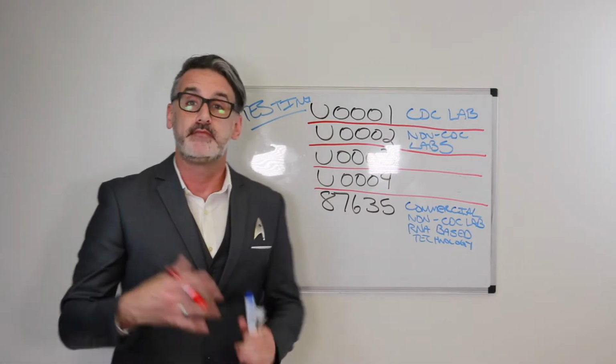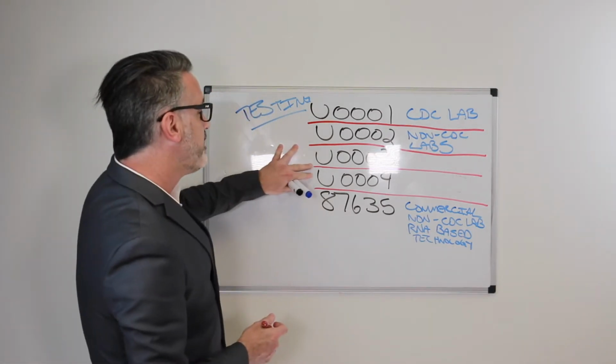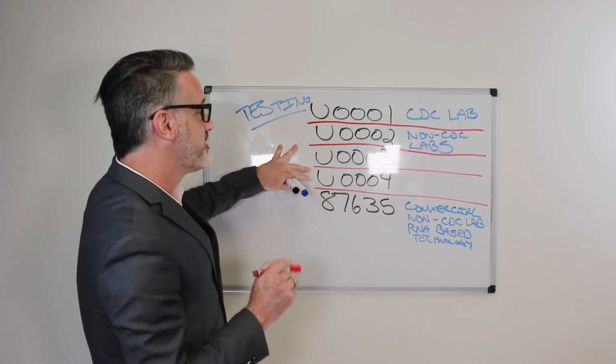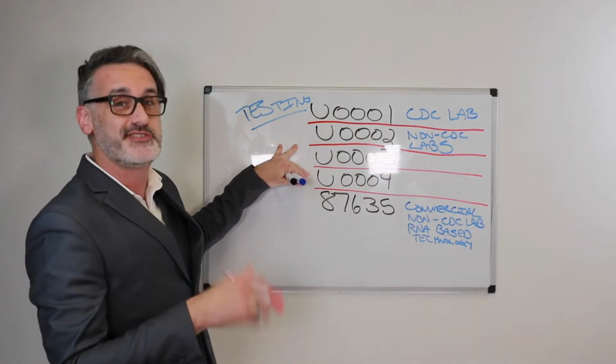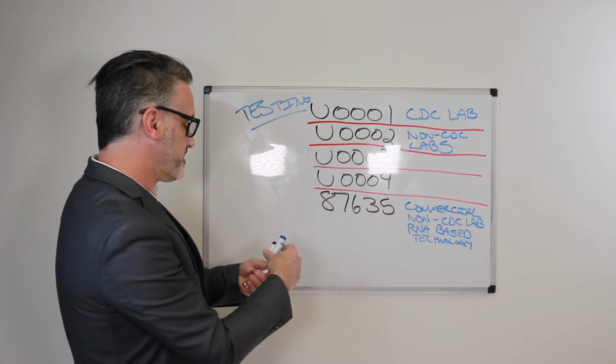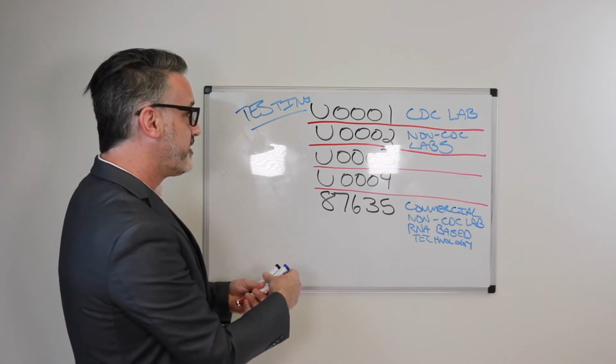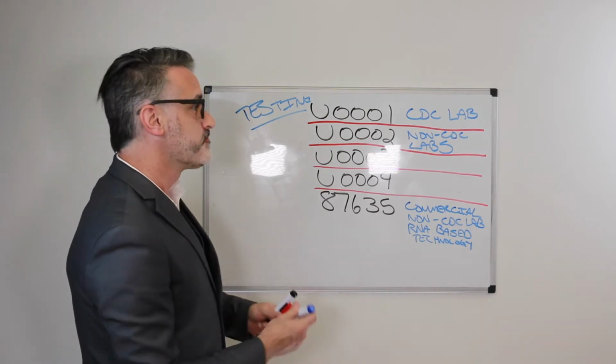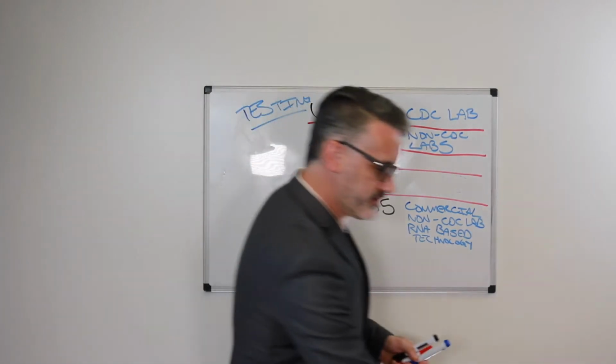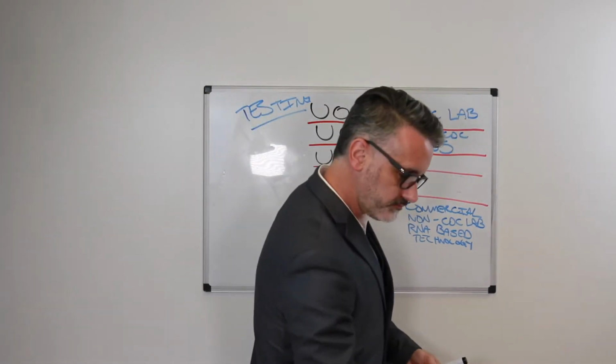And then about a month or so later, they also added U0003 and U0004. Those codes involve the high throughput technologies. I'll be drawing some arrows here, and I'll keep them color-coded.